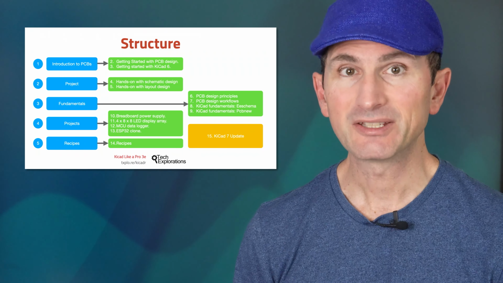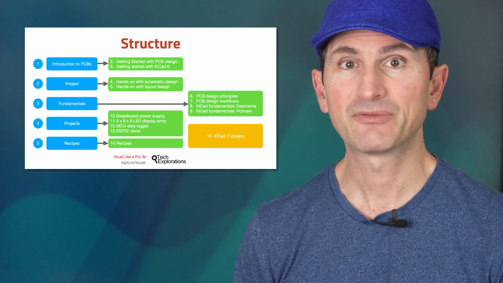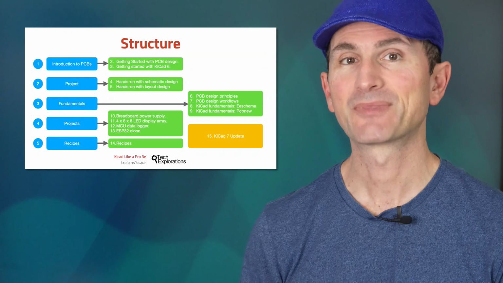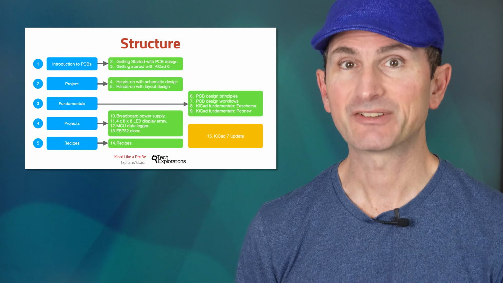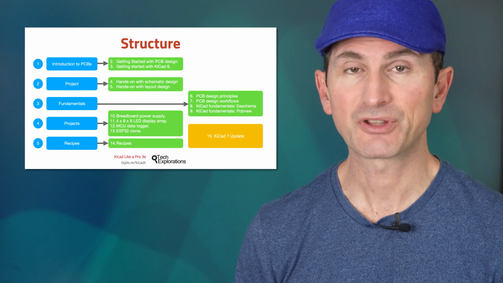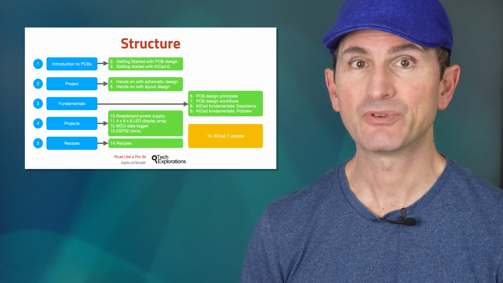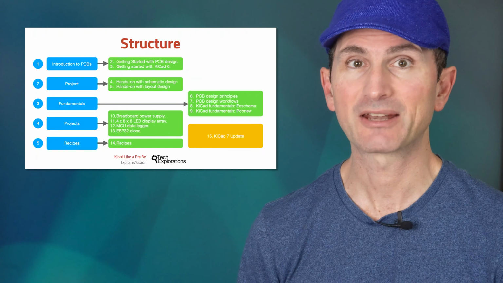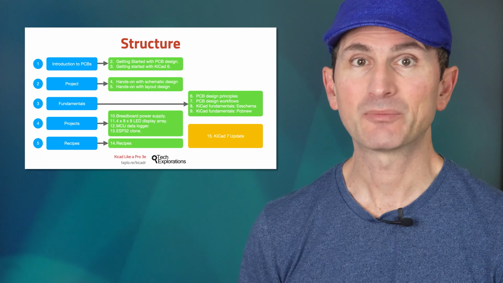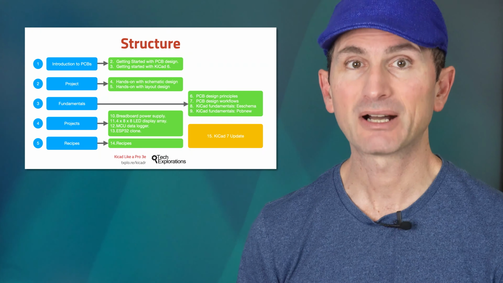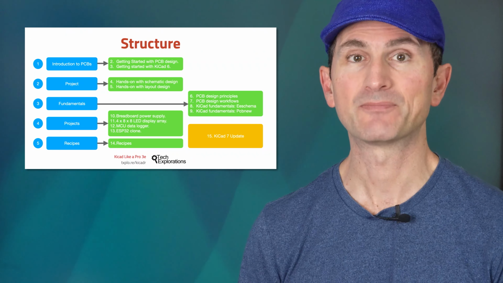I'll get into the details of each part in a moment, but first, here's some advice on how to approach all of this content. If you are new to PCB design, be sure to complete the first 3 parts. These will give you the knowledge you need to create your first simple PCB using KiCad. Don't attempt any of the projects in part 4 until you have completed parts 1, 2, and 3.